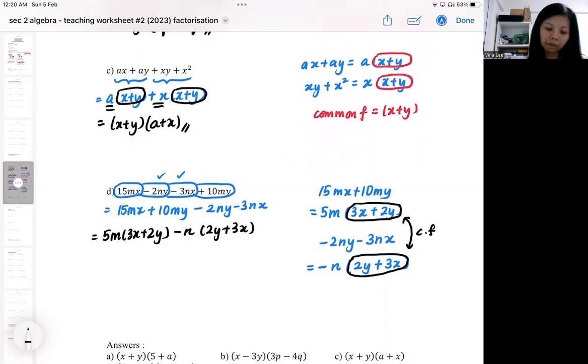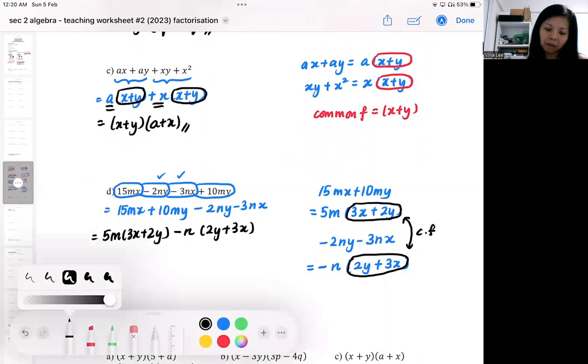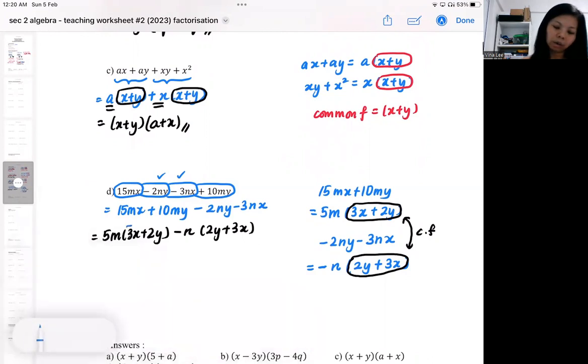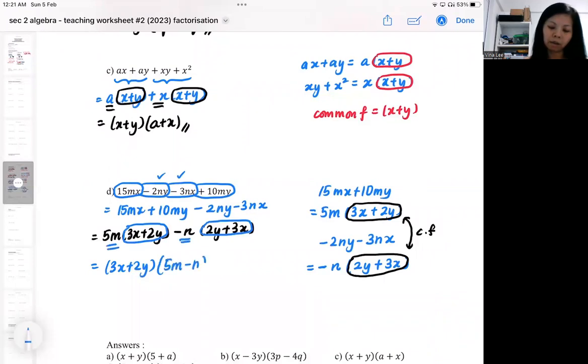So what are the common mistakes? If you're within the little group and you already can't factorize properly, you will find that you will have a lot of mistakes. So take out the common factor, you are left with 5m minus n. So that's how grouping works.